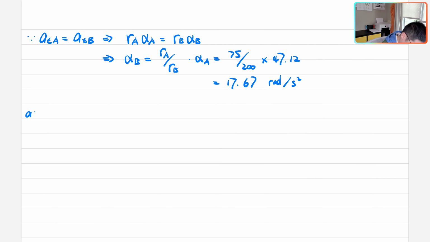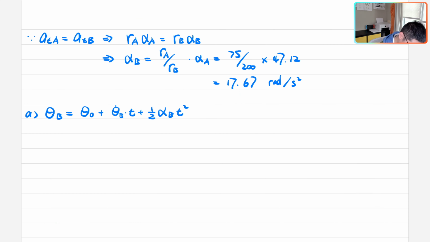So displacement, connecting to the equations we have for linear motion, we can have the total angle that B rotated, which is the displacement, will be theta 0, the initial displacement, plus velocity times time, which is theta dot B times time, plus 1/2 alpha B t squared.